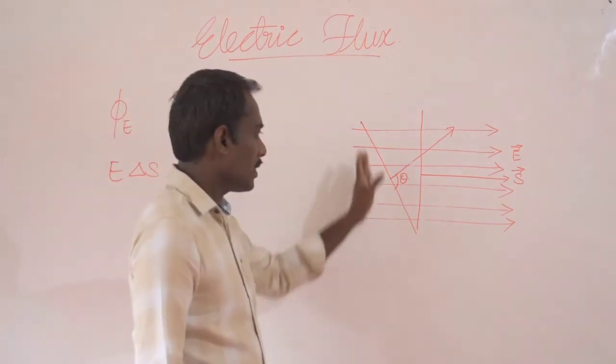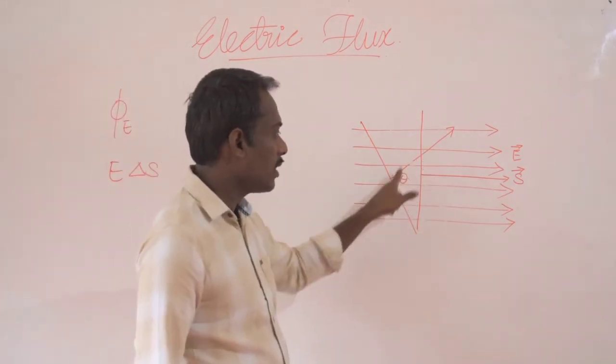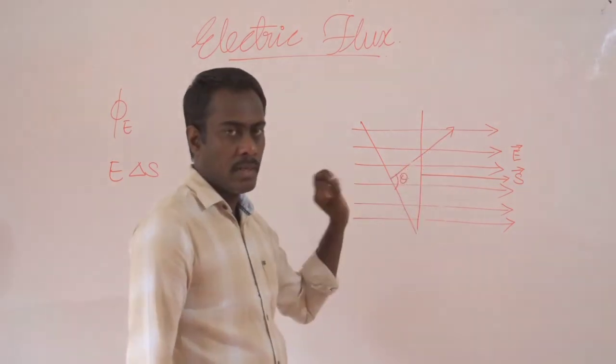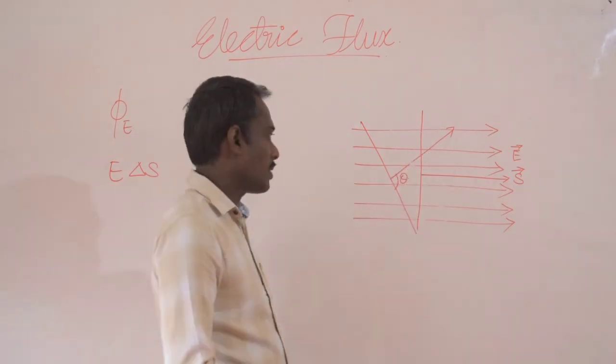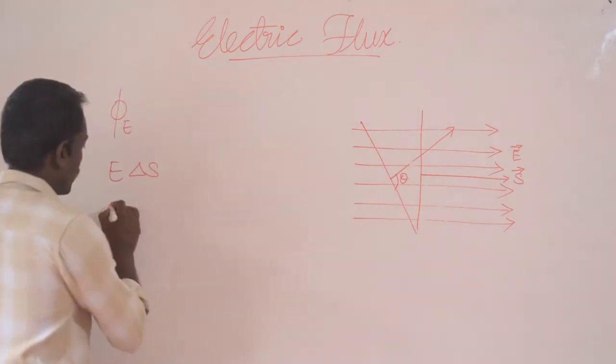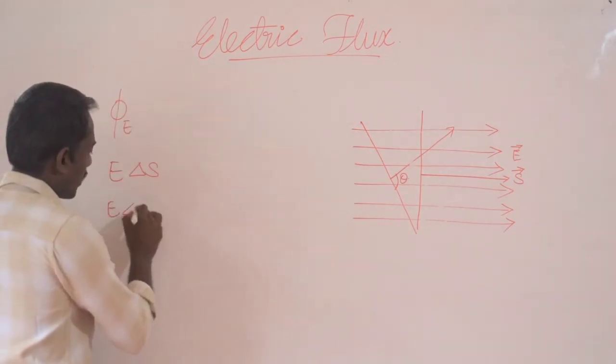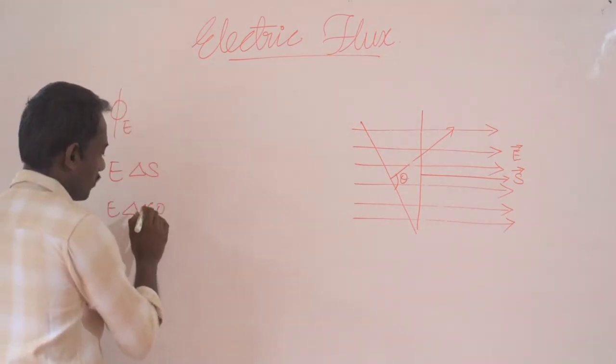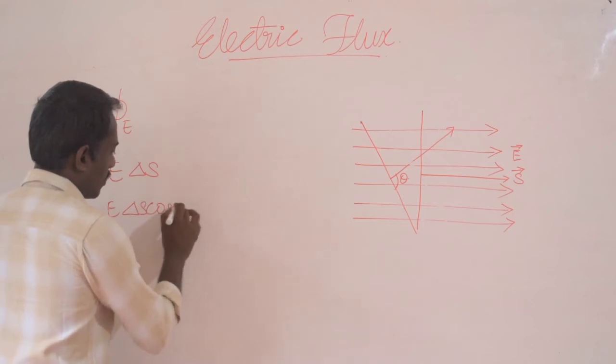And when this area element makes an angle theta with this electric field, this becomes E into delta S cos theta.